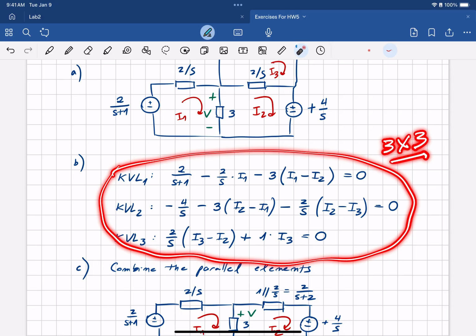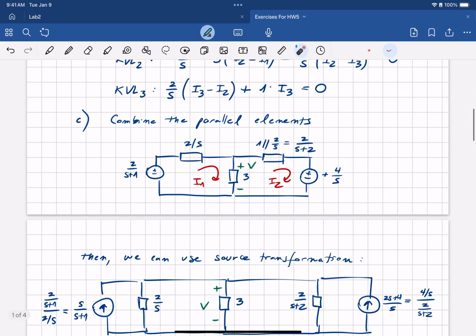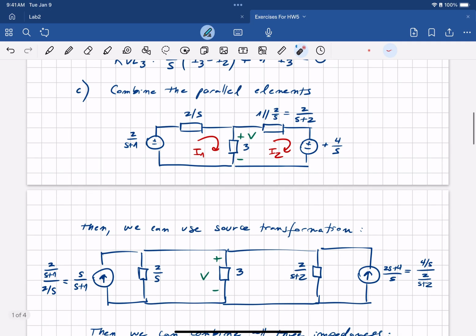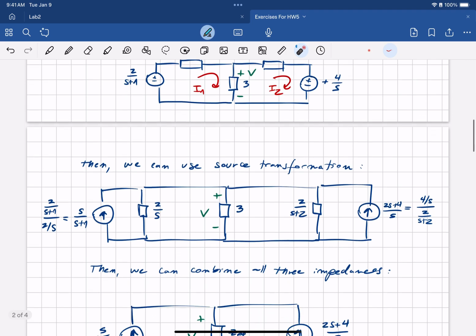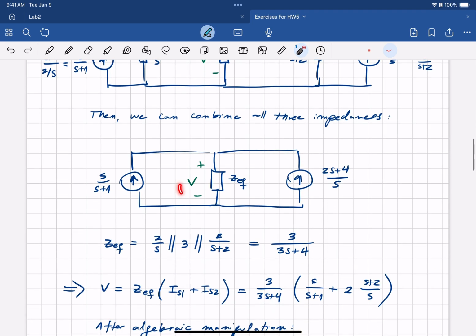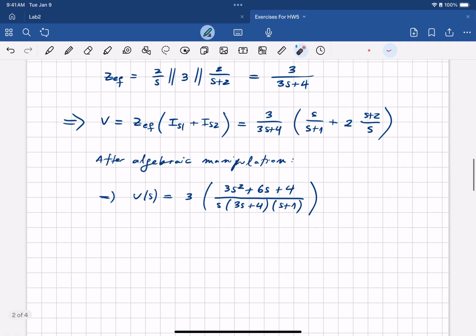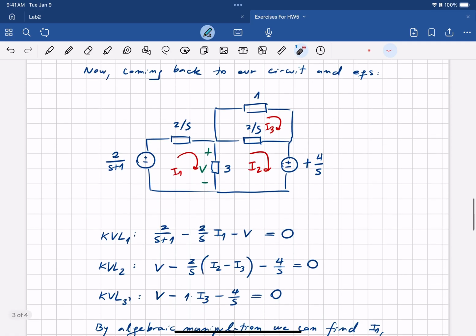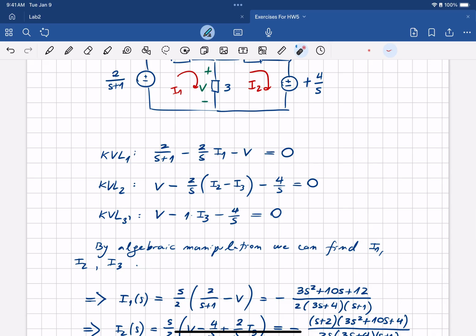However, it's kind of difficult when everything depends on S. We're not going to find a value for I1, I2, and I3; we're going to find an expression in terms of S. So what we did on part C was essentially take this step by step, moving through these elements such that we can calculate this internal variable V that allowed us to calculate I1, I2, and I3.